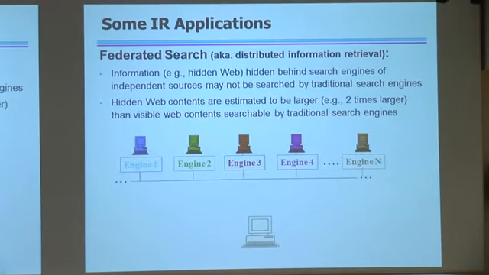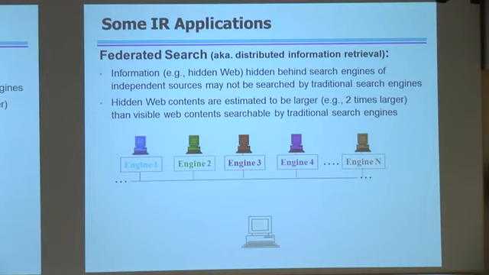And the second application I would like to elaborate a little bit is federated search. Every one of us utilizes web search engines. But actually, web search engines only represent a part of the accessible information on the internet or in the general digital world. A lot of information in some information sources cannot be arbitrarily copied or crawled by commercial search engines like Google.